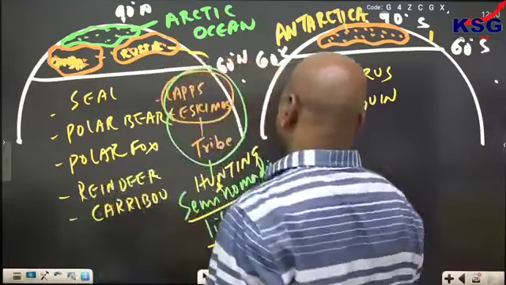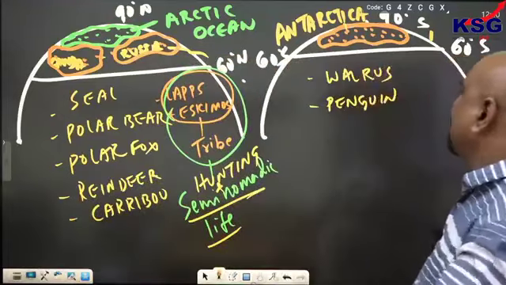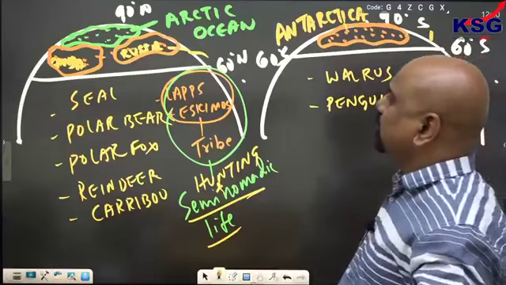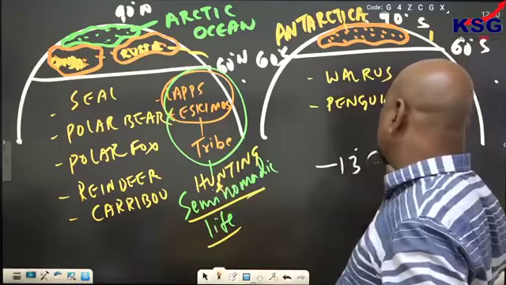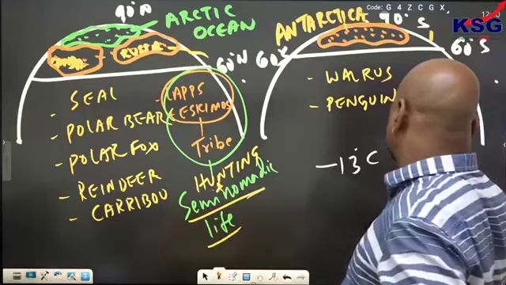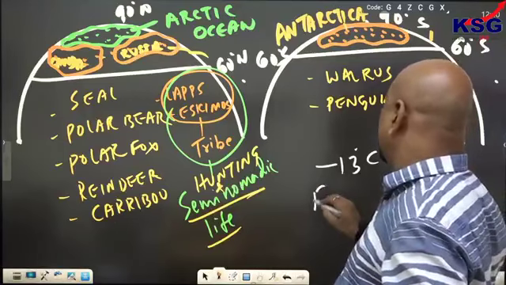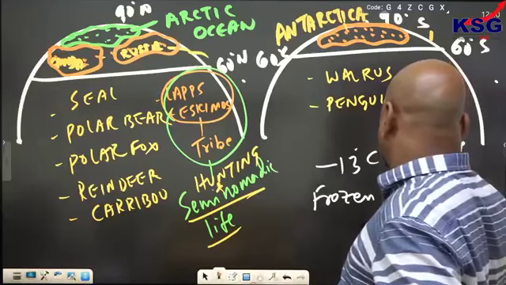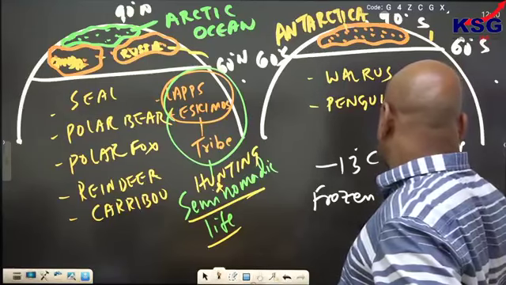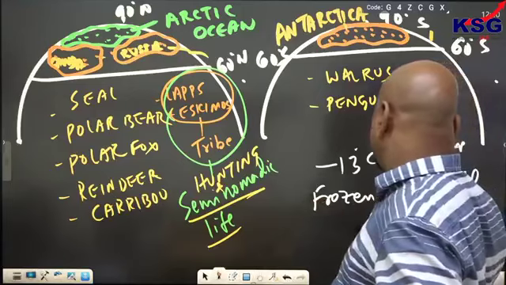Hunting में है इन लोगों का. Anyway, this region has on an average minus 13 degrees Celsius average temperature, frozen and cold field.